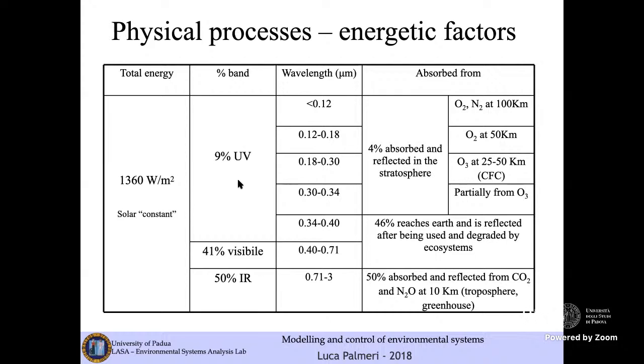Then the remaining 9%, that is ultraviolet radiation, will be subdivided into these intervals. Of these, we know that 4% is absorbed and reflected in the stratosphere, while of the radiation in the visible range and in the close ultraviolet, 0.34 to 0.40 micrometers, 46% of this radiation reaches the Earth and is reflected after being used and degraded by ecosystems.